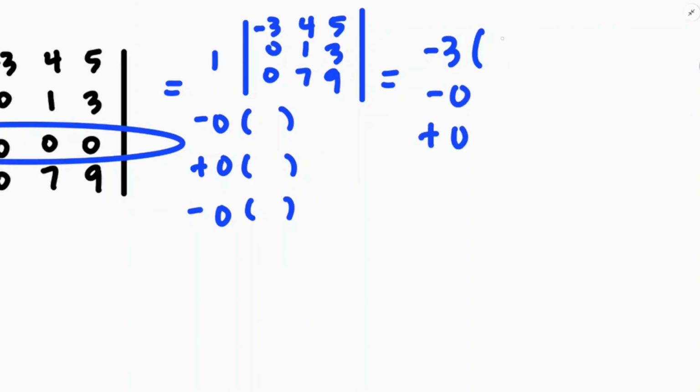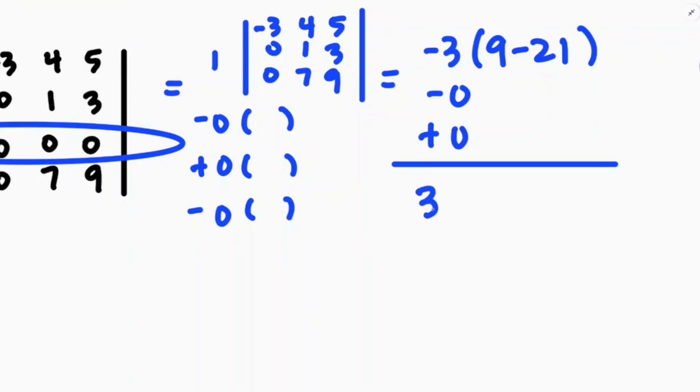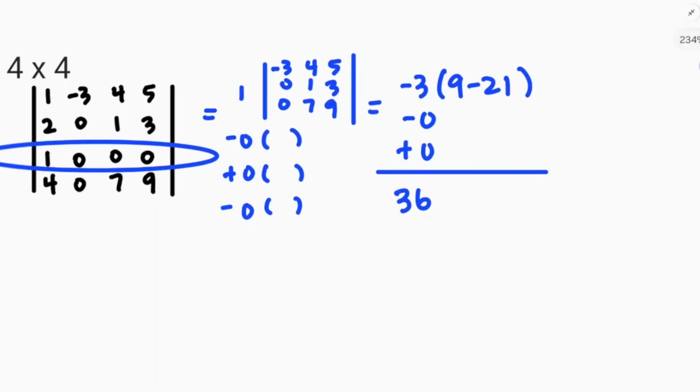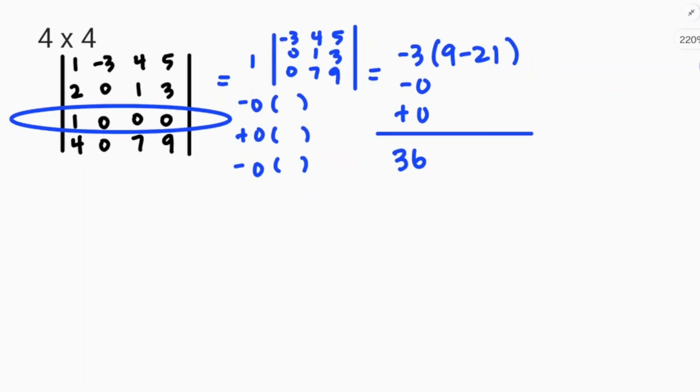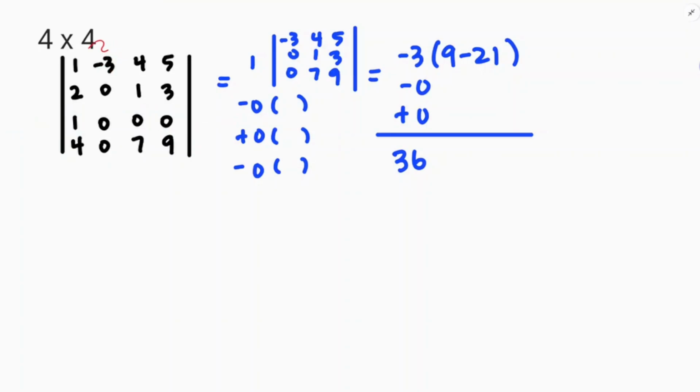So negative 3 times 9 minus 7 times 3, so 9 minus 21. Oh, goodness. That's going to be negative 12 times negative 3, which is positive 36. So that's my determinant. But maybe I'll try to compute that a second way, maybe using an even indexed column.